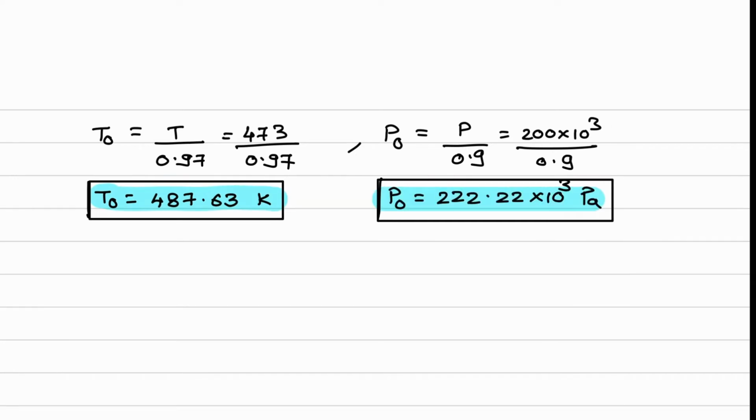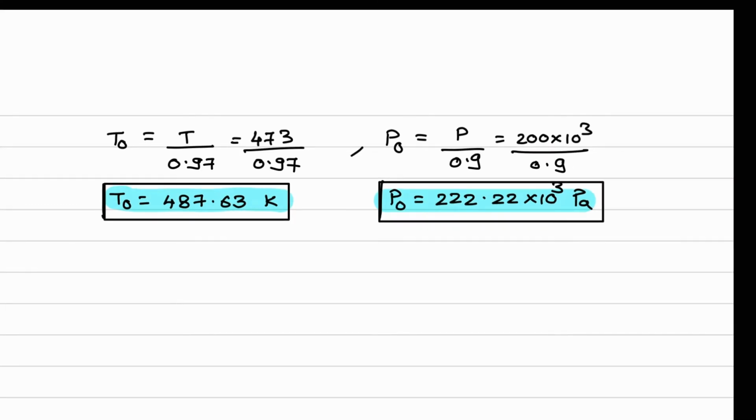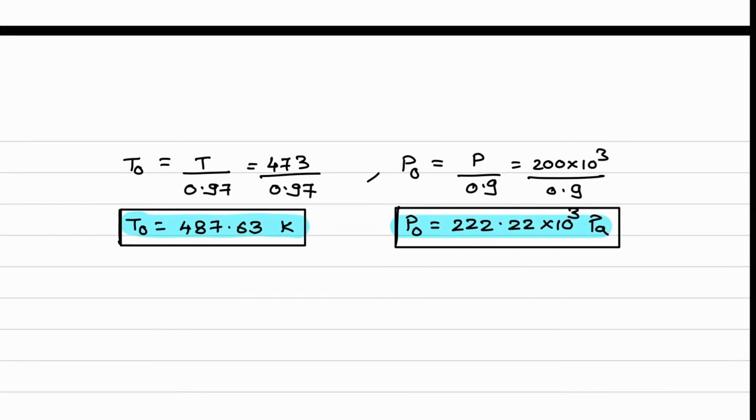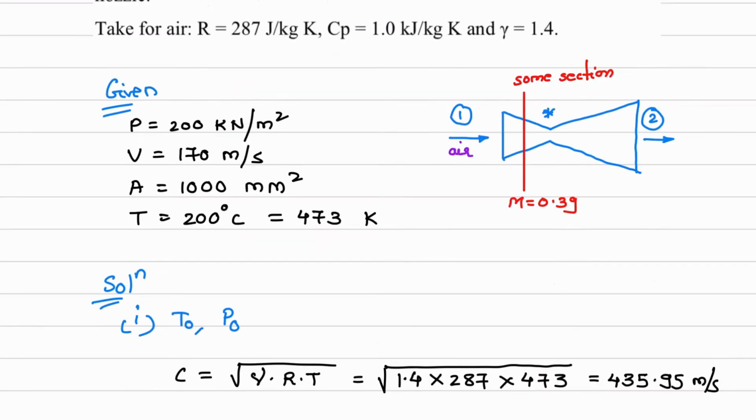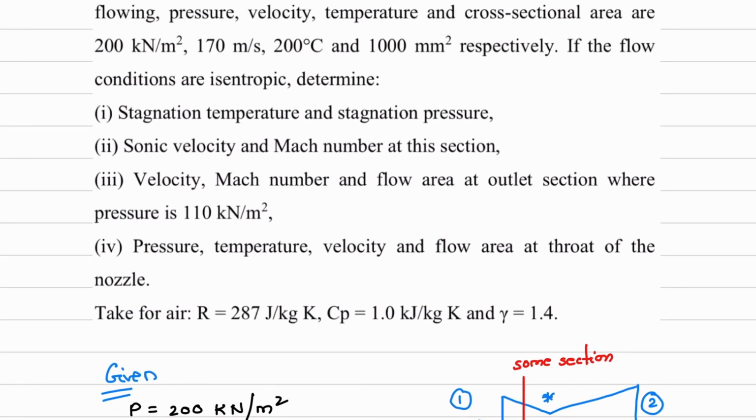Now at the same time we can find A star as well. How can we find A star? A star means the area at the throat section. So I'll go back to the question. Sub question number 4 asks for pressure, temperature, velocity, and flow area at the throat of the nozzle.